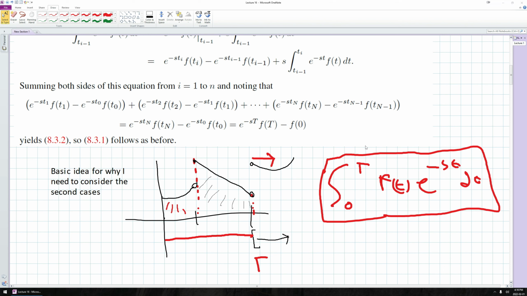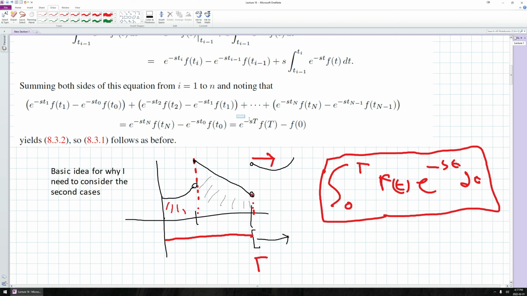A key idea here is that these little elements actually collapse on each other. If I take this thing and add it to the next term, and the next term, and so on, then adding up all those little contributions from these areas, ignoring this integral bit here, they end up being just this thing here.